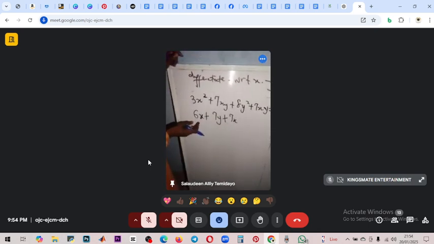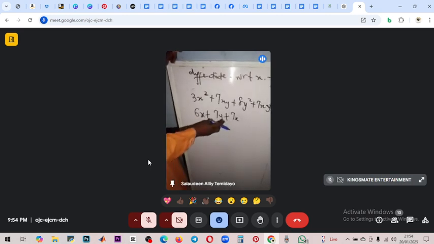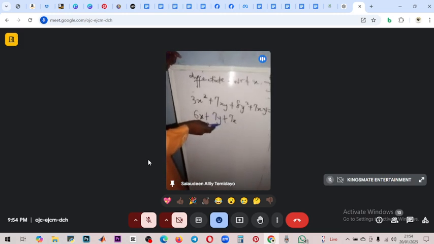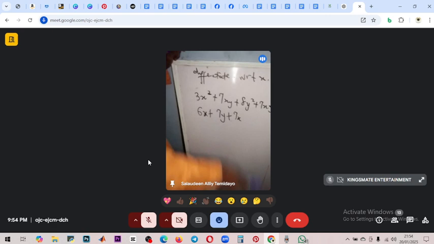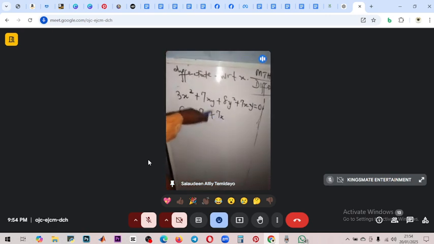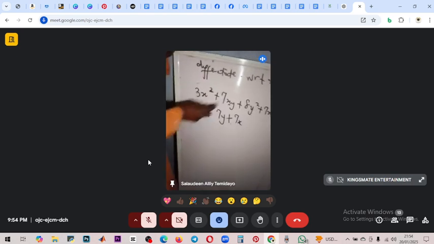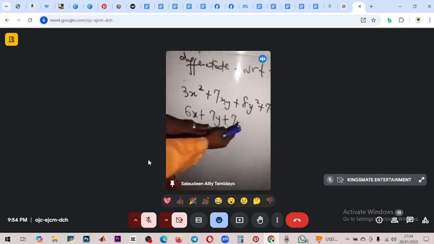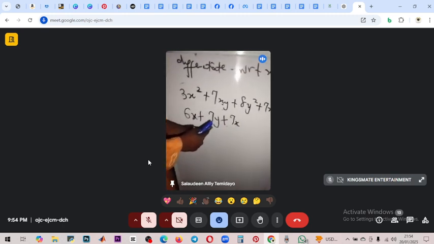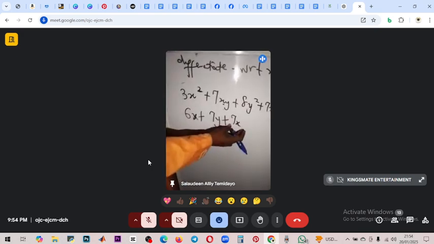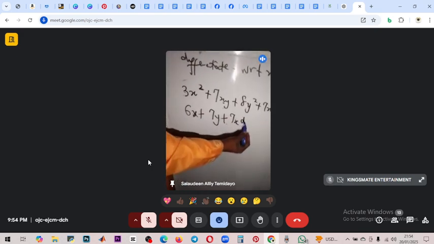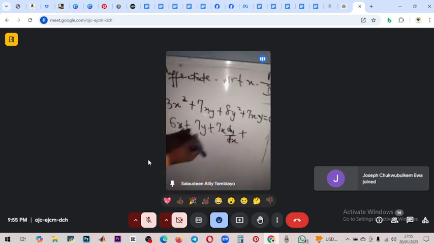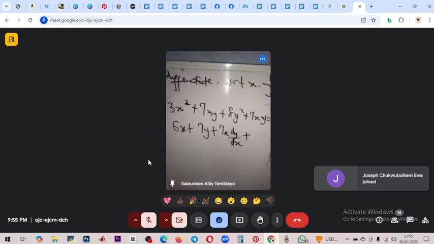Okay. So 6x plus 7y plus 7x. We differentiated with respect to x, and now let us differentiate with respect to y. That is, we'll be treating x as a constant, so I'm having 7x. But how will I know this one differently from this one? I'm differentiating with y here, so I must put the dy/dx, plus 8y squared.